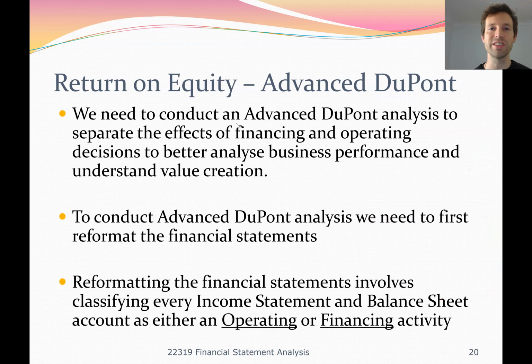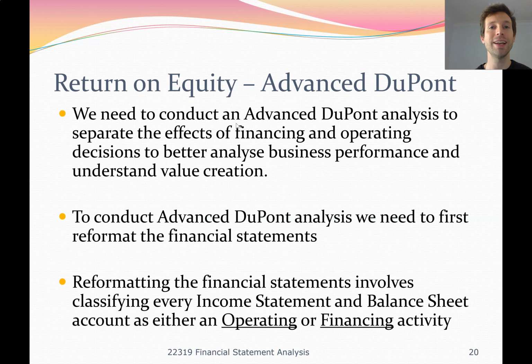So we've just discussed that operating activities are what firms do to actually create value. That is, buying and selling their goods and services is used to create value. They're hopefully generating a return on equity above their cost of capital. Financing activities, on the other hand, do not create value, but they can influence our return on equity calculation. However, the traditional DuPont analysis had problems in that our financing activities could still influence our profit margin as well as our leverage.